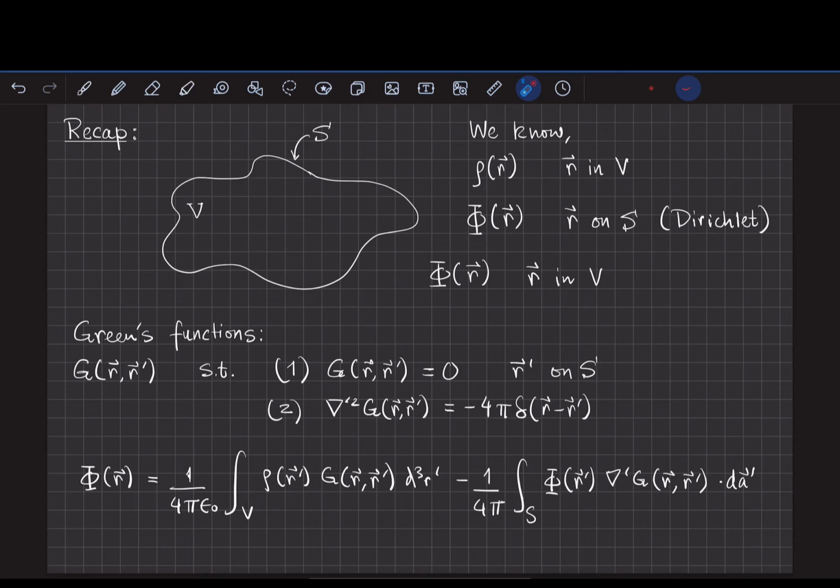So just to remind you, this integral is done for all points inside our volume V. Hence, we only need to know the charge density inside the volume, and this surface integral is done for all points on the surface S. Hence, we only need to know the potential on the surface as is given by our boundary condition and the charge density of our problem.